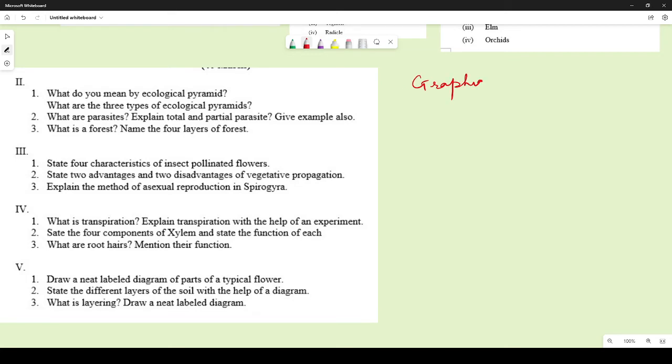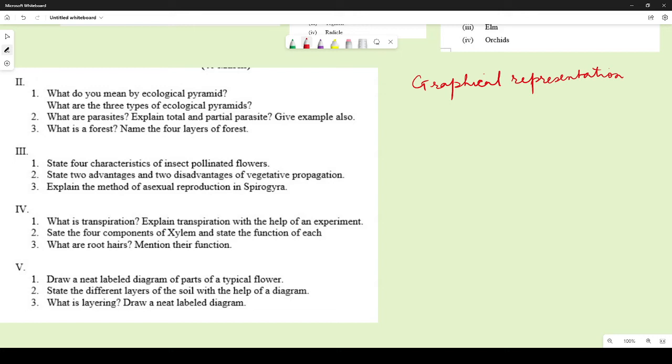It is a graphical representation of the biomass, how many organisms are there, and the productivity. Productivity means the energy level. That is represented at each trophic level in the form of ecological pyramids.